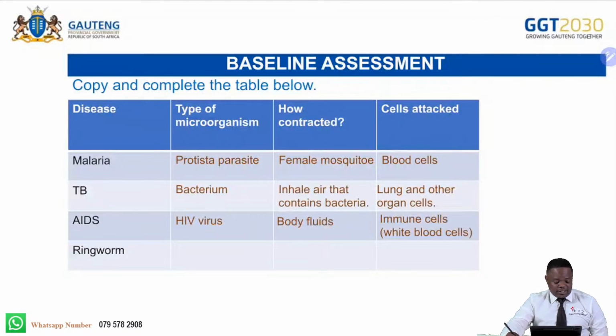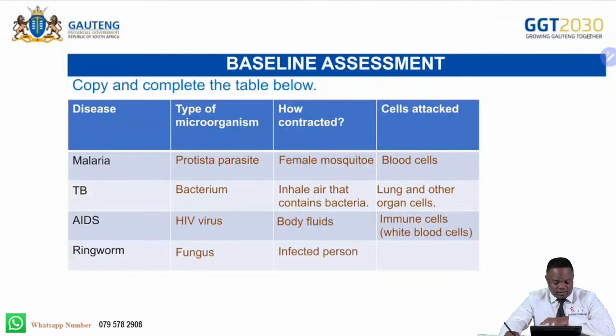The last one there is ringworm. This is caused by a fungus, and it is contracted through contact, mainly with objects that have been touched by an affected person. For example, it can be clothes, blankets, or a comb.